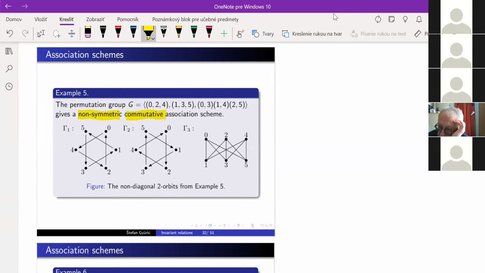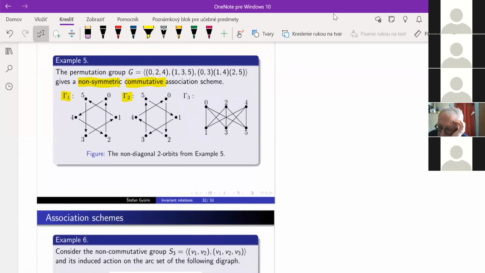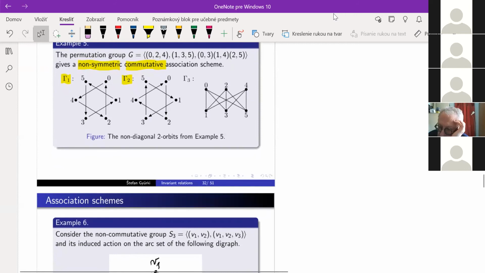It is non-symmetric because, for example, the basic graphs gamma 1 and gamma 2 are directed graphs. And in order to see the commutativity, it will need some effort to check that the structure constants are the same whenever we switch i and j. So you can do it as homework.